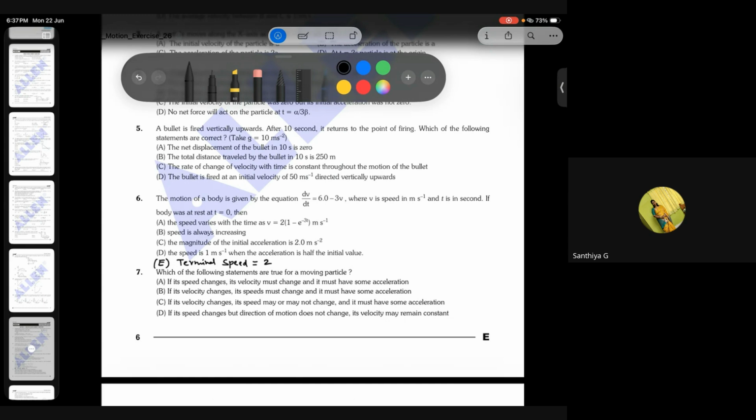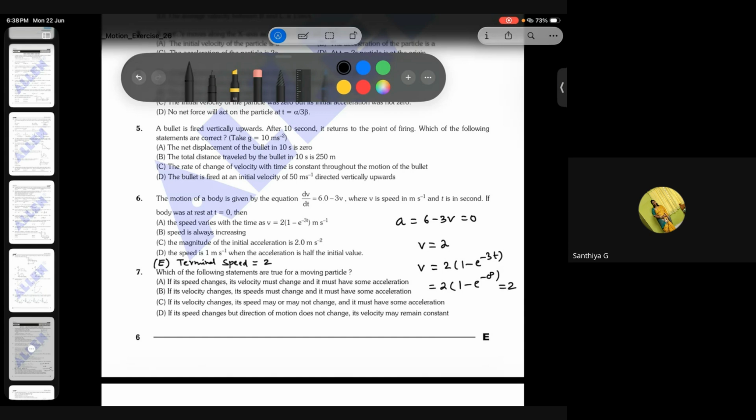Whenever terminal speed is achieved, acceleration will be 0. So I will make A 0. So V is equal to 2. Or even we got V equals 2 into 1 minus e to the power minus 3t. So what is the velocity we have when t is infinity? It is going to be 2 only.